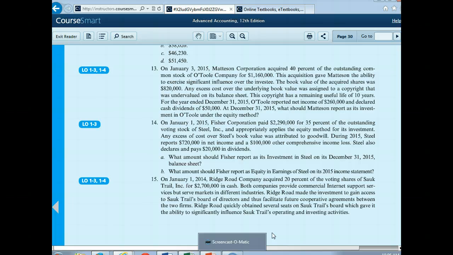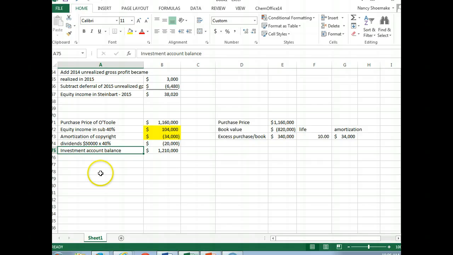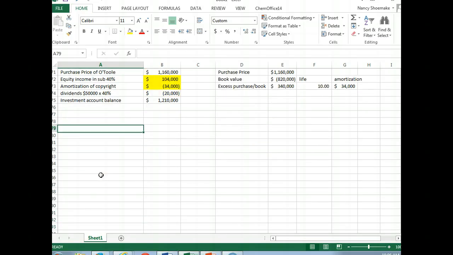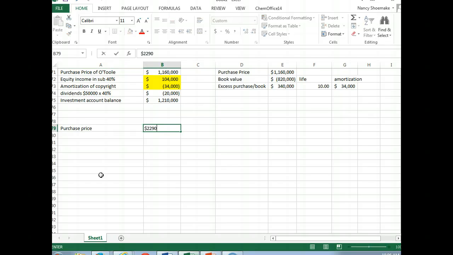We're going to take our portion of the income and our portion of the OCI loss, and then determine our dividends to show what's sitting on the books as the asset. We're just looking at the asset piece right now, not the income. So the purchase price, $2,290,000.